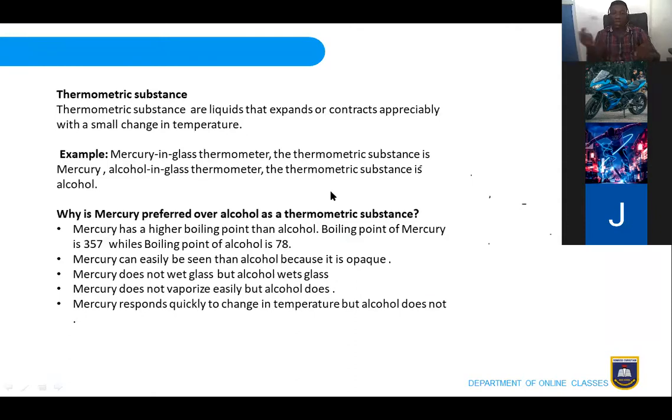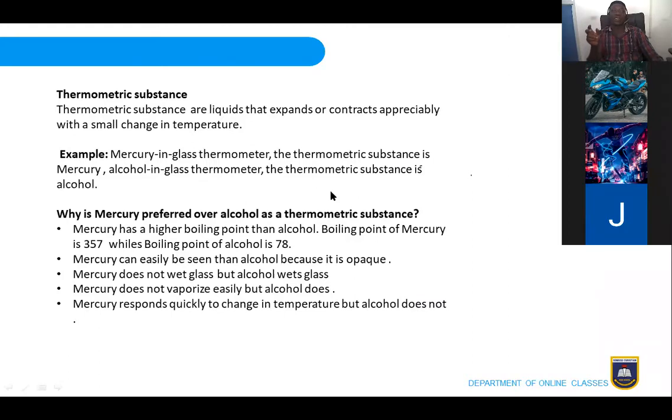What's going to happen is that the liquid inside the thermometer will rise to the 30 degrees Celsius. What makes it rise is the expansion that is taking place in the tube. The expansion that is taking place is causing it to rise. So thermometric substances are liquids located in a thermometer, and they expand or they contract.